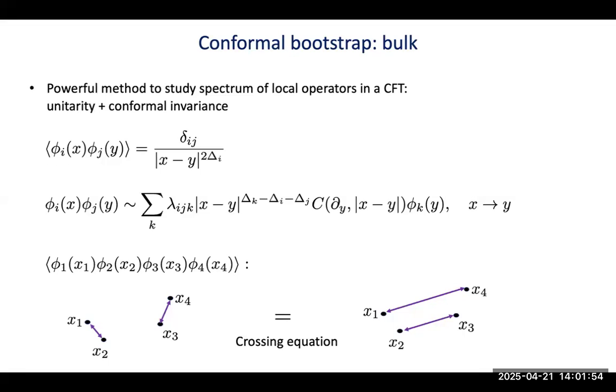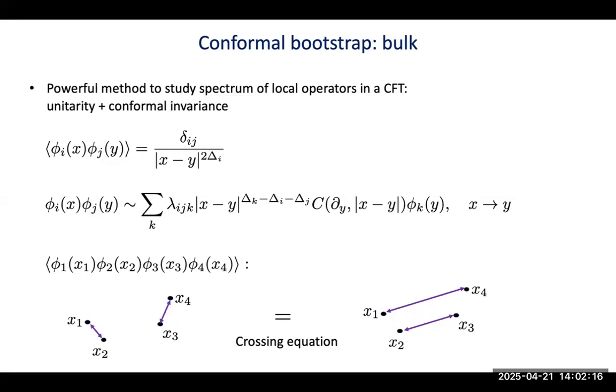Then there is the operator product expansion of two primaries, where you write this product as a sum of other primaries and their descendants. The most important thing is that the coefficients of the descendants in this expansion are fixed in terms of the coefficient of the primary, lambda ijk. So these are the 3-point functions.